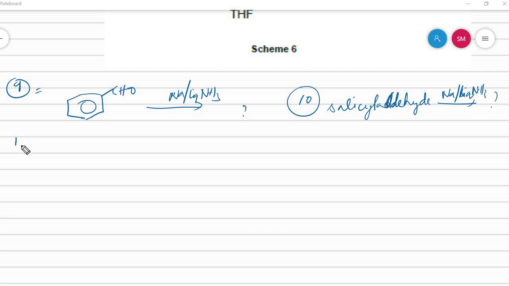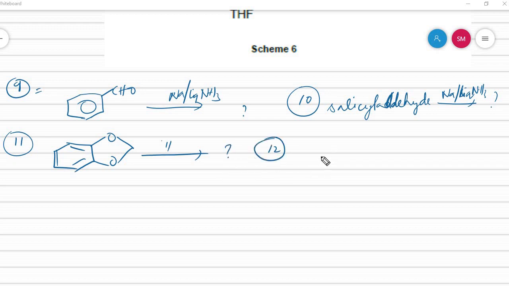Then next, what could be the product? I have used phthalic acid and sodium in liquid ammonia and acetyl chloride.